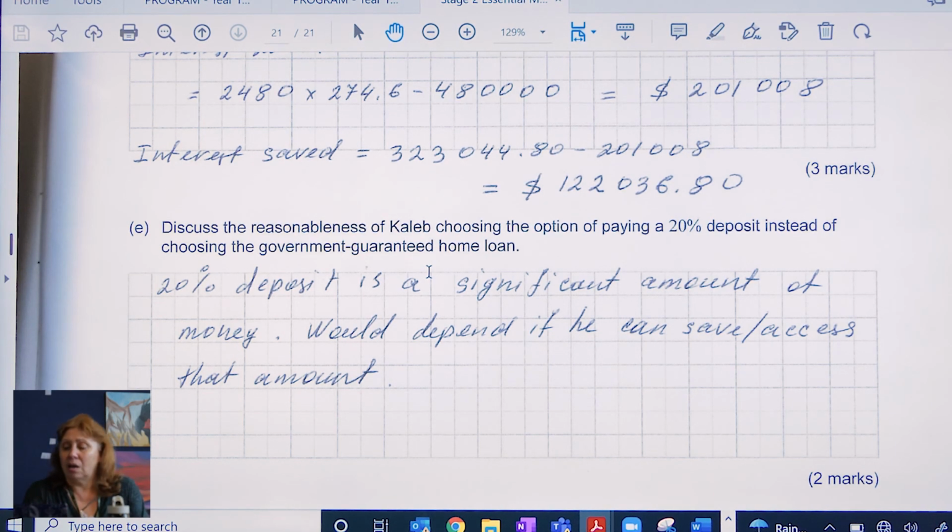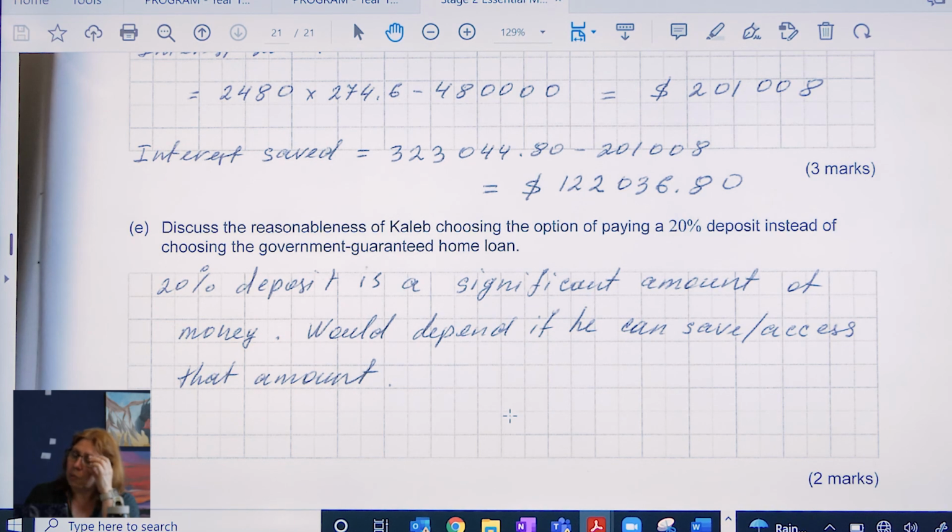So the discussion normally, probably in this question, we want to see that to save a 20% deposit, it's a lot of money. So we want to see that they are saying it's hard to save, it's a significant amount of money, or they need to mention that maybe that person is working well and can save it, but it's a big amount of money, and it would depend if he can save or access that amount.